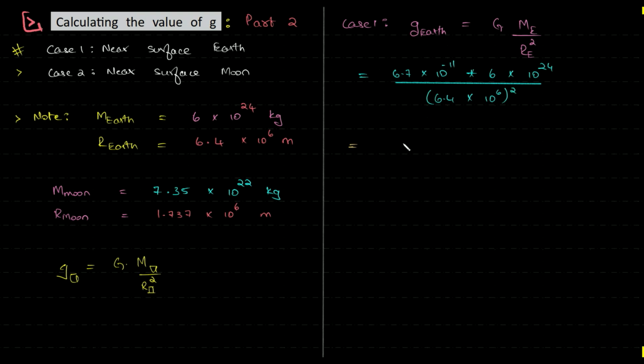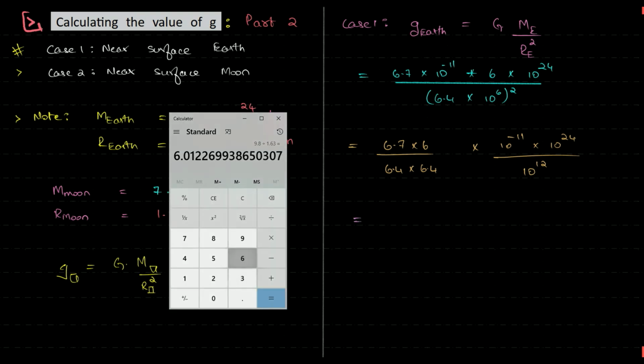So this would be equal to 6.7 into 6, I'm getting all the numbers at one end, divided by 6.4 into 6.4, into 10 to the power of minus 11 into 10 to the power of 24 divided by 10 to the power of 12. Agree? Right, guys?